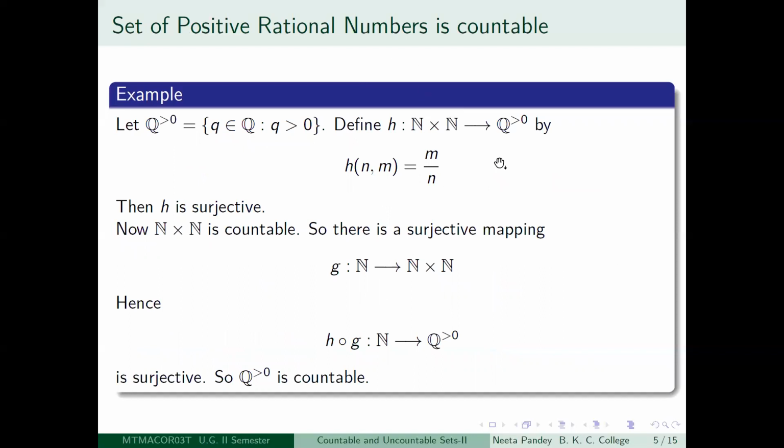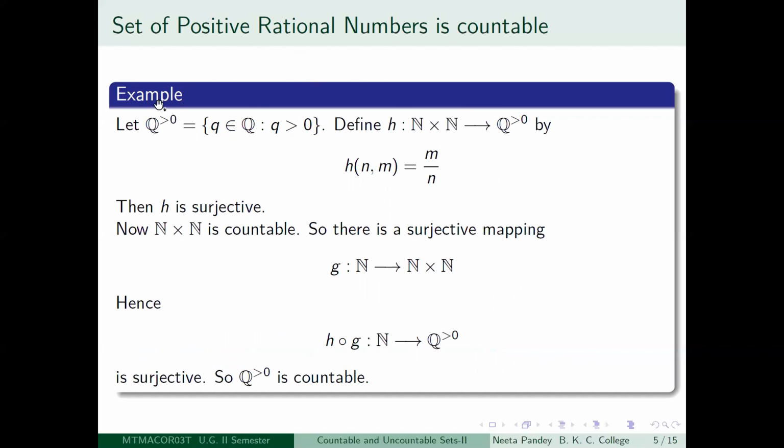The next result is that once you have that N cross N is countable or countably infinite if you like, then you can immediately show that the set of positive rational numbers is also a countably infinite set.